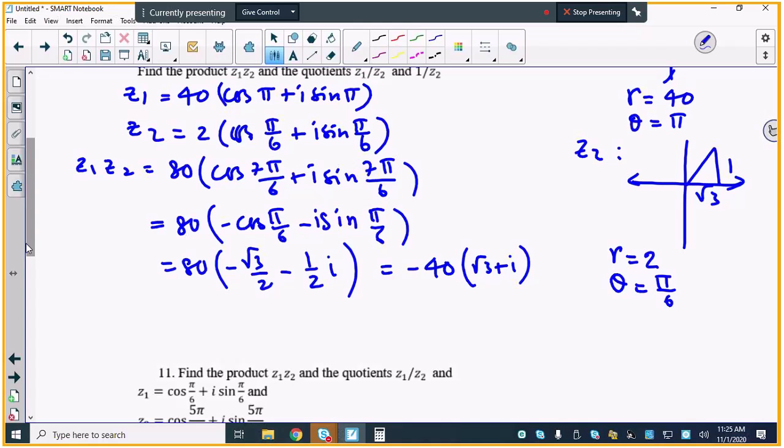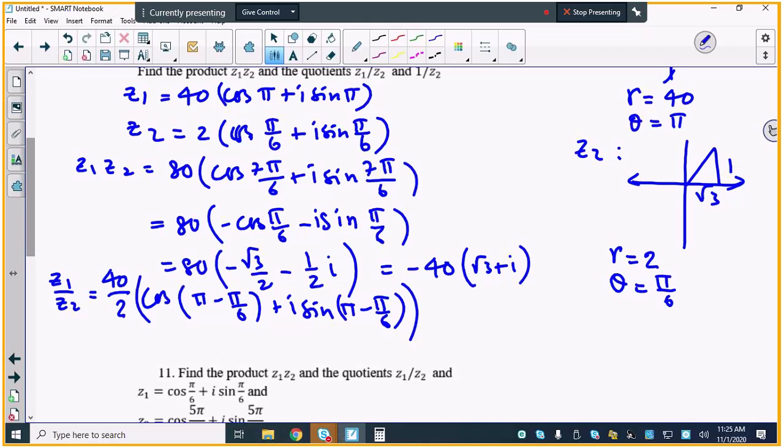z1 over z2. So we're going to divide 40, the radius of the first complex number, by 2, the radius of the second complex number, and subtract the angle. So I get pi minus pi over 6. So that's 5 pi over 6 plus i sine pi minus pi over 6.